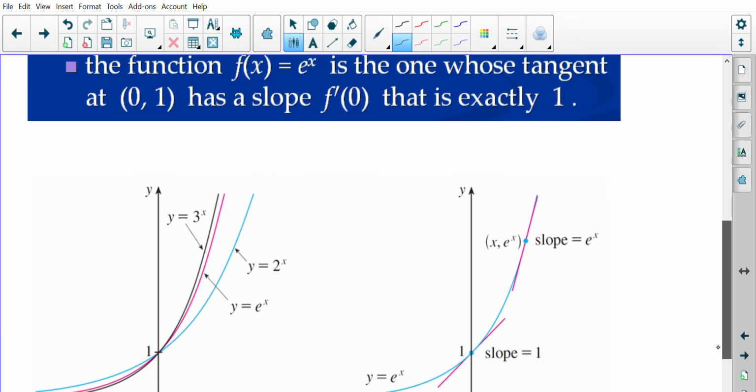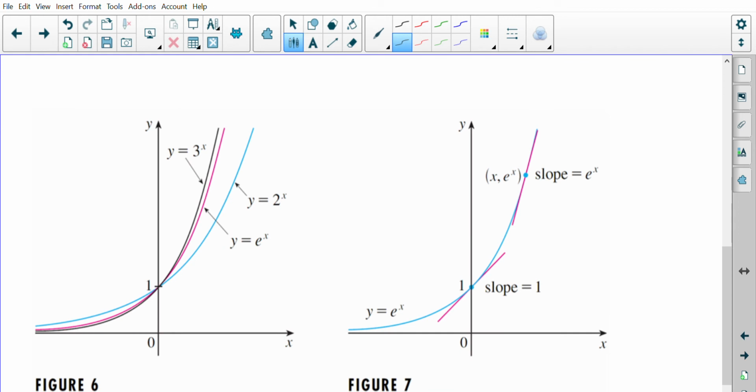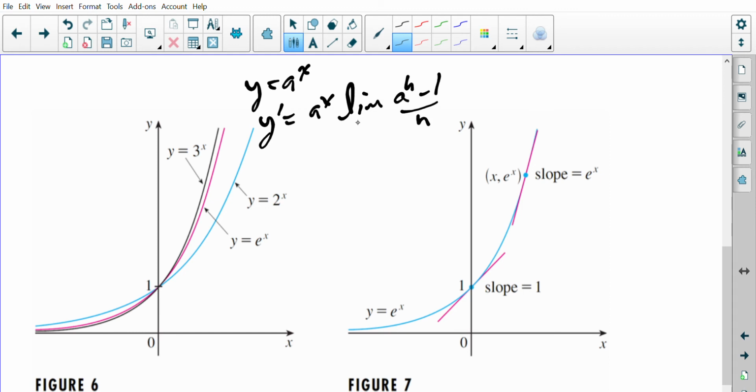Well, what this means is that because of our definition so far, if we had y equals a to the x, we found that y prime was a to the x multiplied by the limit of (a to the h minus 1) over h as h goes to 0.